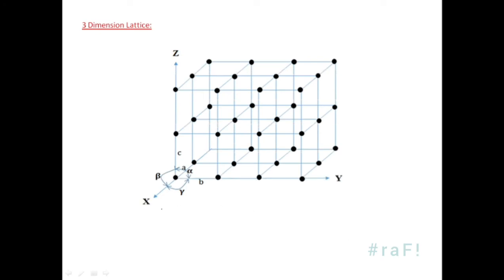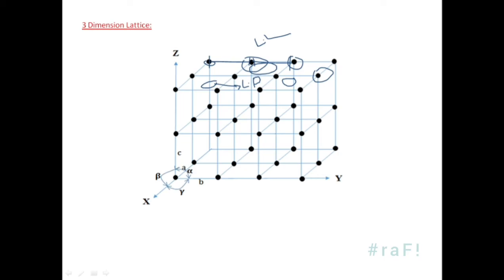In this one, these black circles represent lattices, and these blue lines which you are seeing are the lattice lines. And the region between these lattice points, this region is called lattice plane.